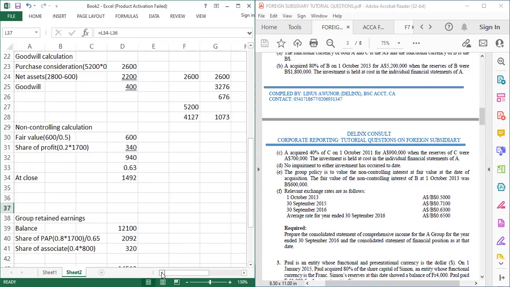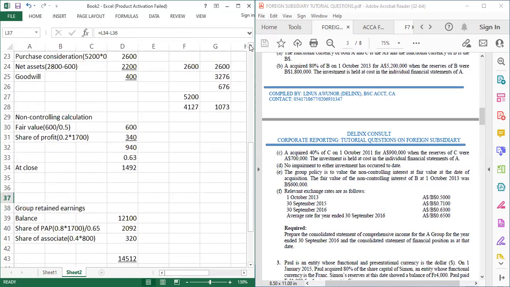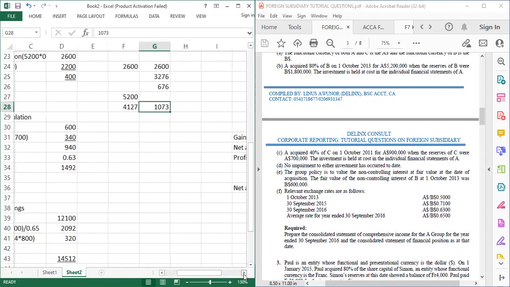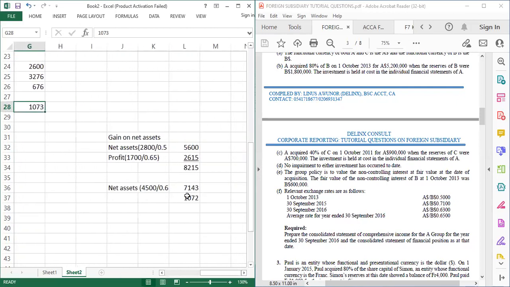The loss on investment is 1073. Okay. So you can see that it is approximation that is causing that, isn't it? So the loss over there will be the same as that one, 1070.